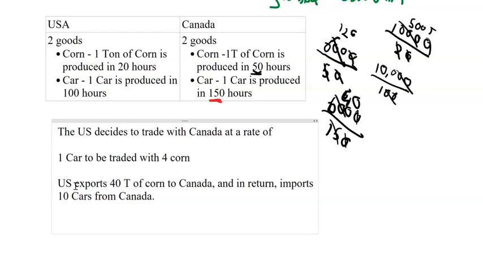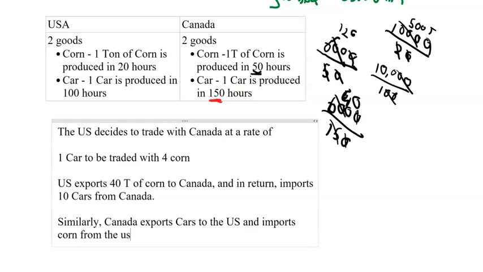Similarly, from Canada's angle, I would say Canada exports cars to the US and imports corn from the US. So whenever a country sells something abroad, we say the country exported that product. And if they're buying something from abroad, we say they are importing it.